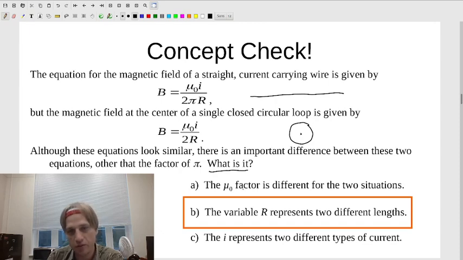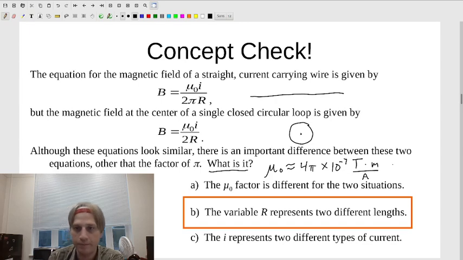Well, is it that the mu naught factor is different for the two situations? No, mu naught is an experimentally determined value, and it's almost exactly 4 pi times 10 to the minus 7th Teslas times meters over amps. Can't be it. The I also represents current in both cases. The difference is that the R is representing two different things.